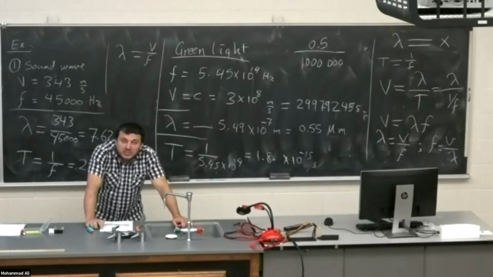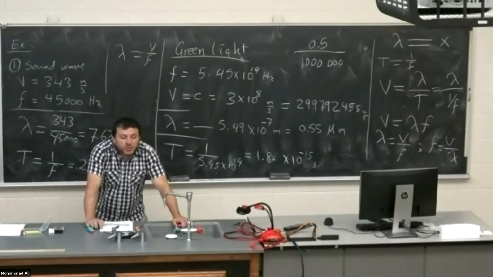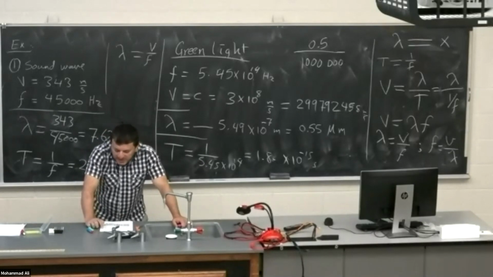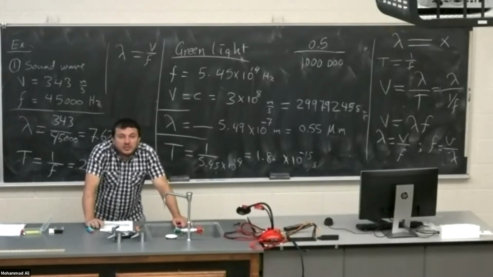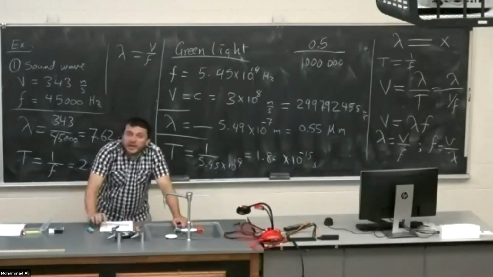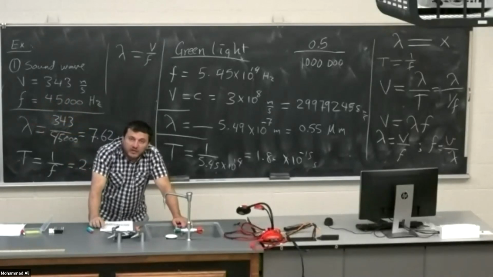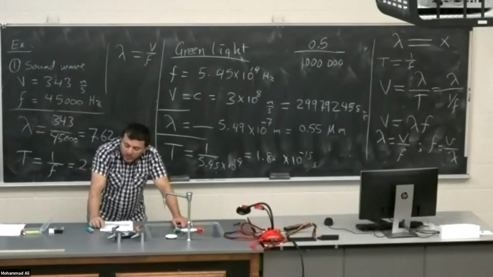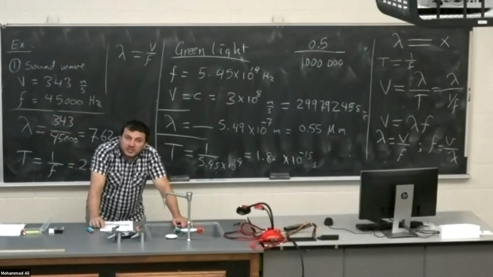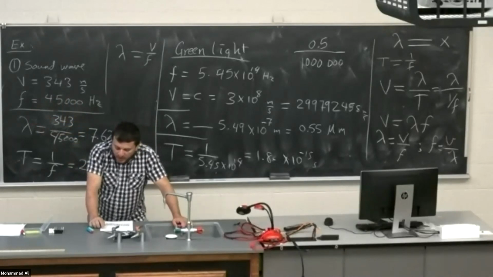But in aluminum, it's 6,420 meters per second. Steel, 5,960 meters per second. So you can hear the train when it's far away from you, 7 kilometers, just 1 second before. Okay.